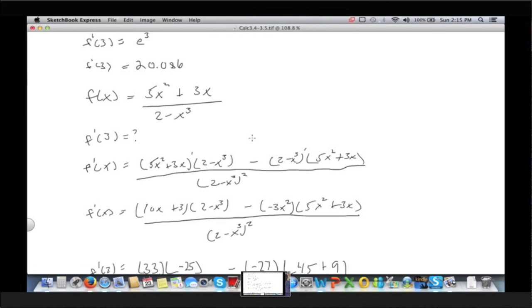Okay, so far I did a left parenthesis 5x raised to 2 plus 3x. Did you go to the derivative function first? Yep. Okay, good. Yeah, so I'm in that function. Good. Then I divided that top portion by 2 minus x cubed, and that's closed off as well in parentheses.